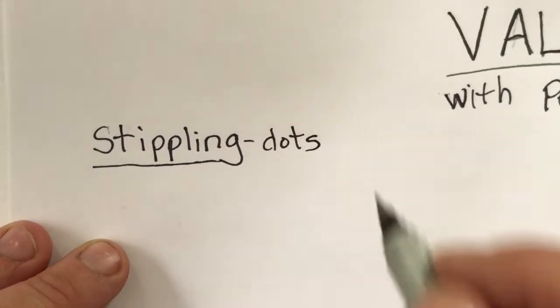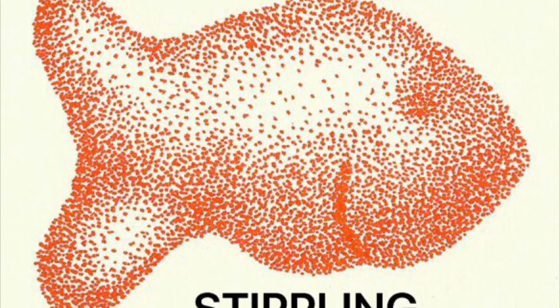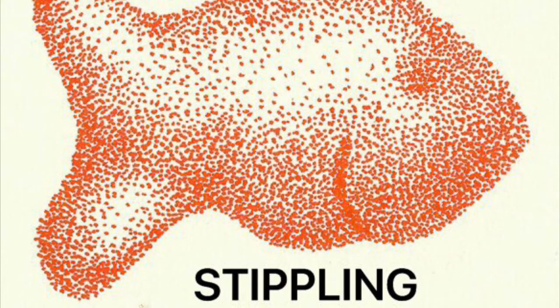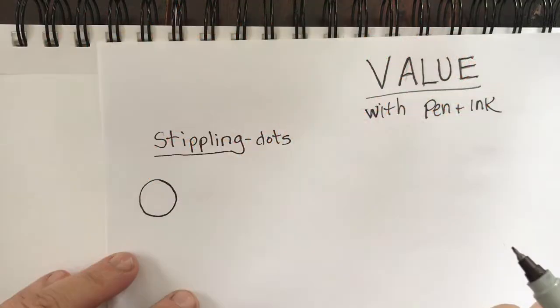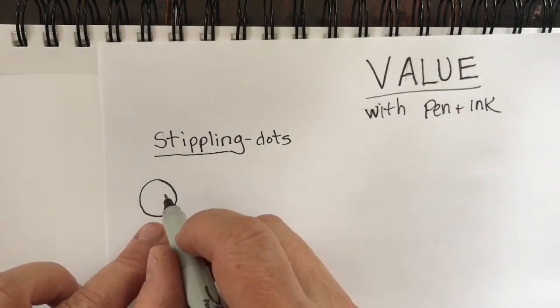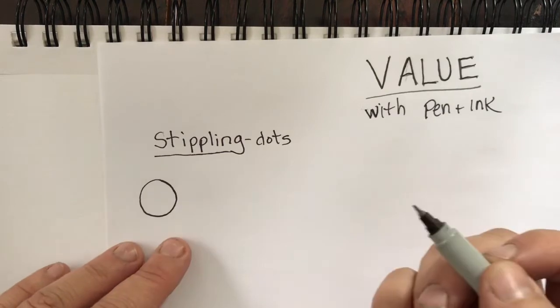We are going to use dots to make value. We're going to draw a circle. We're going to turn this flat circle into a sphere, which would mean it has form.